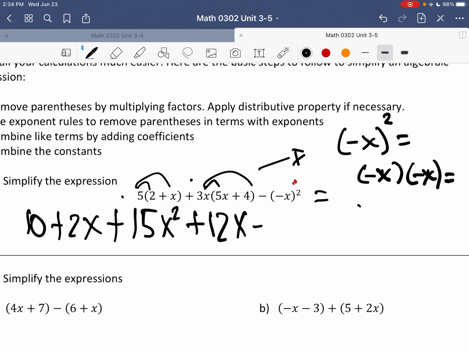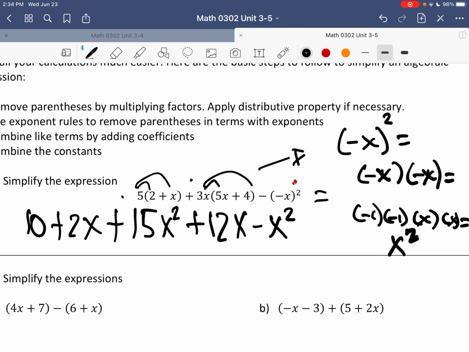This is the same as minus 1 times minus 1 times variable x times variable x. Negative times a negative is a positive, and x times x is x squared. So over here at the end, we're going to have minus x squared.